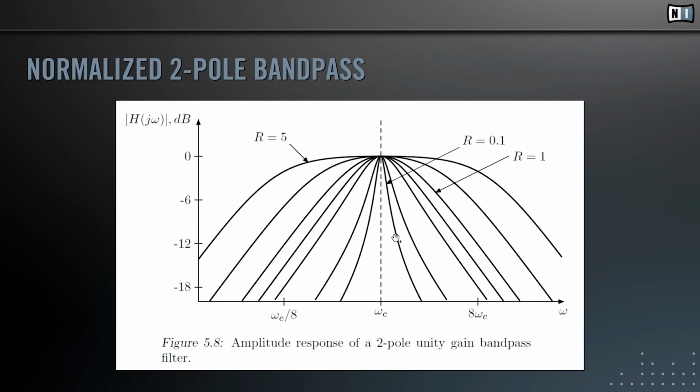Fortunately, it just so happens that for a normalized two-pole bandpass, when we control this bandwidth, the changes of the amplitude response and of the phase response are completely synchronized, 100% synchronized to each other. This means that, for example, we have this point here on the amplitude response, and there is some phase response corresponding to this point.